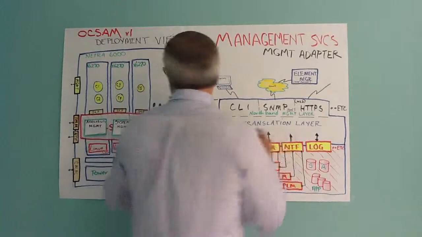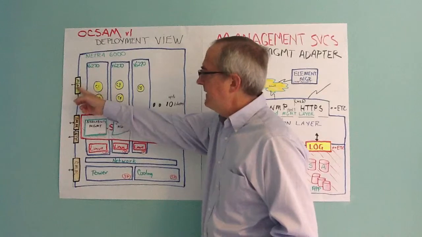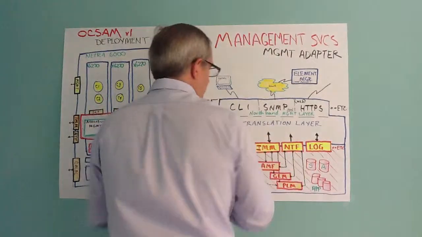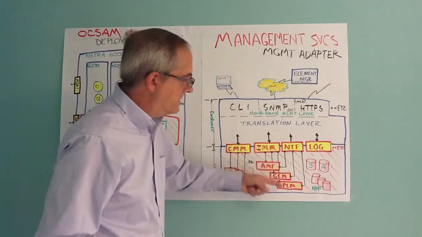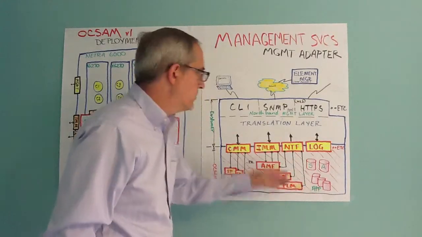Rather than going through a proprietary or private management interface to manage these various components, you go through the IMM interface, and there, besides AMF, CLM, PLM, you would also have your application objects and attributes that you can access through here.